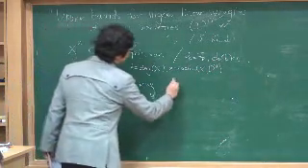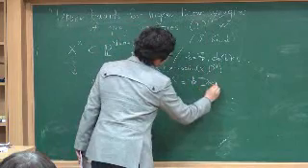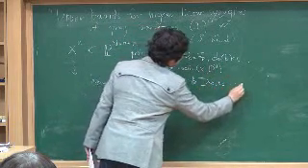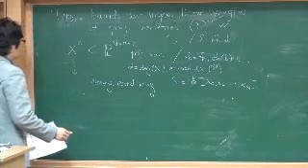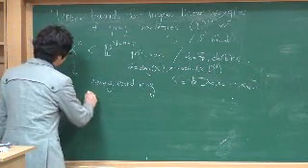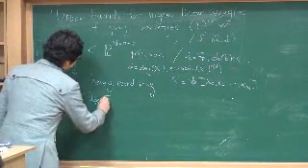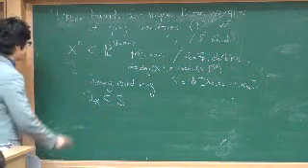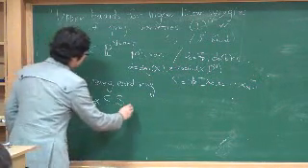Let S be the polynomial ring with n plus 1 variables, and let I_X be the ideal which defines and cuts out X in this ring.